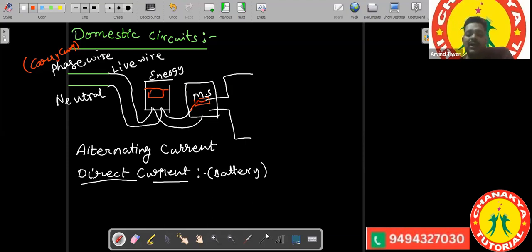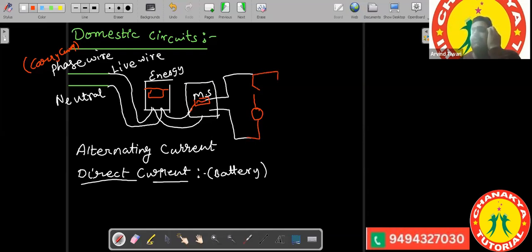And here all the devices are connected in parallel. So here we have a switch for each device. Then you have your device, connected to the negative.